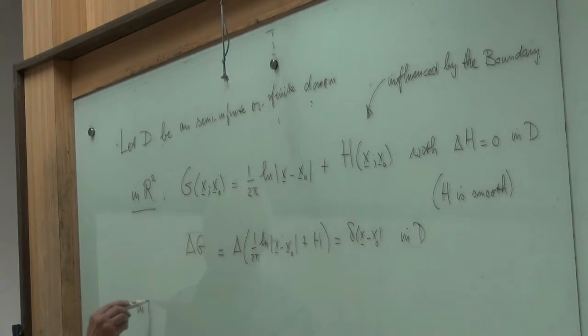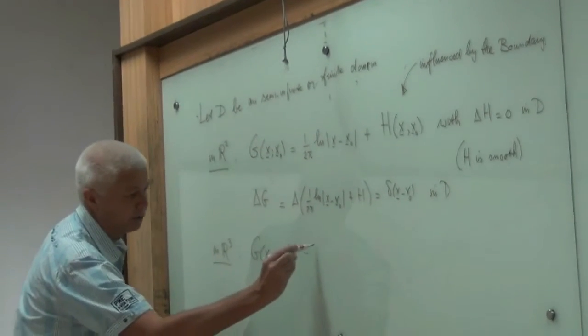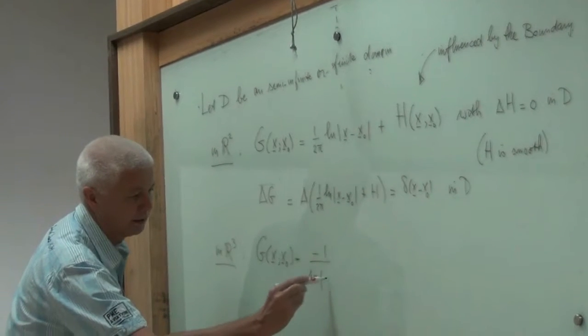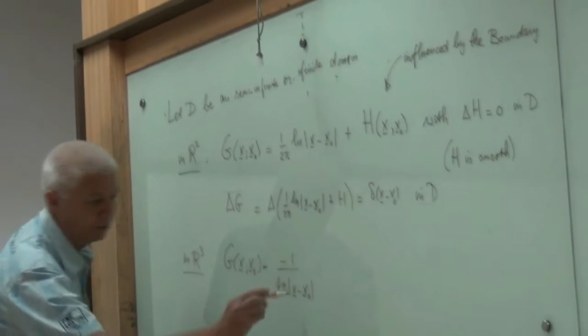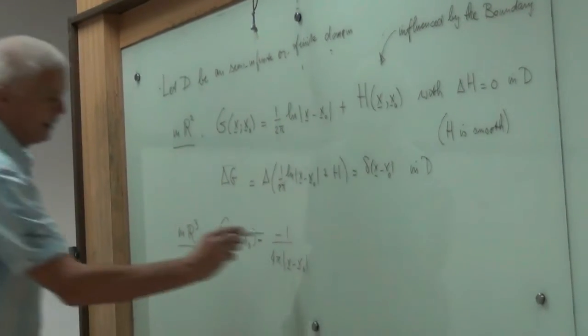And in R3, we have the same thing. Your g(x, x0) is just minus 1 over 4 pi |x minus x0|. You will always have that singularity in R3 in your Green's function.